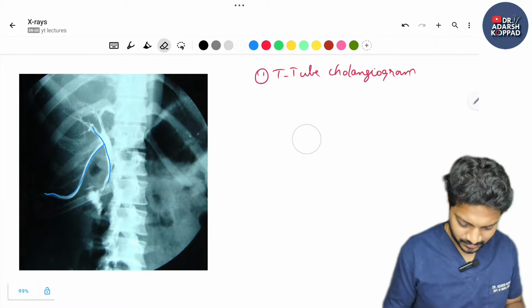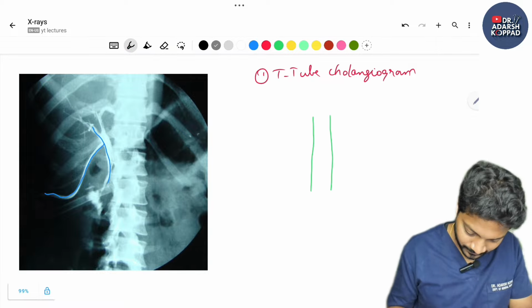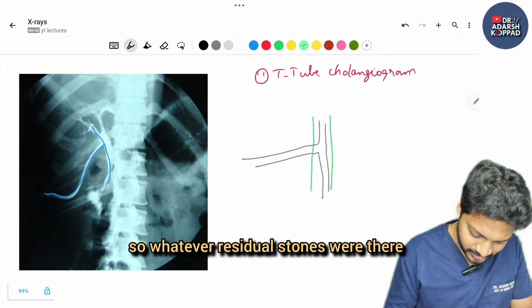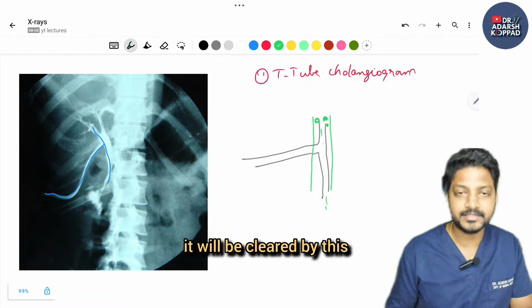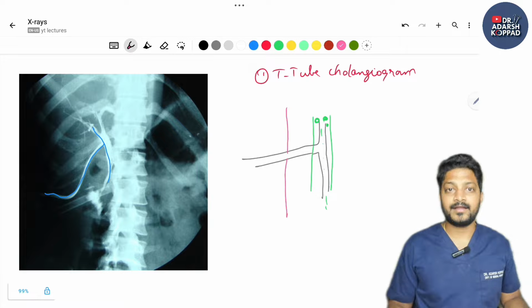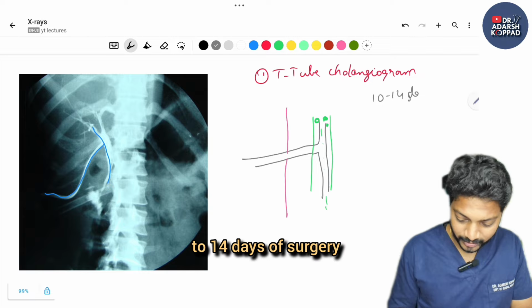What's done is, this is the CBD. A T tube is inserted into the CBD. So whatever residual stones were there, it will be cleared by this. So this T tube will be outside the patient. It will be like a drain, and you do T tube cholangiography after 10 to 14 days of surgery.